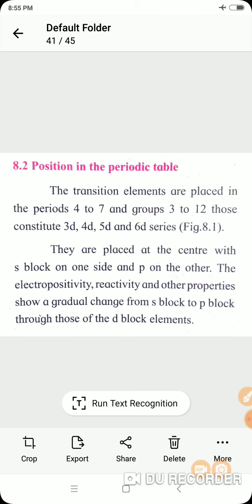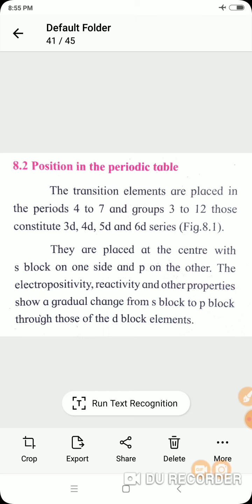So they are placed at the center with S block on one side and P block on the other side. S block is present on the left hand side of the periodic table, P block on the right hand side, and D block in between the S and the P block.